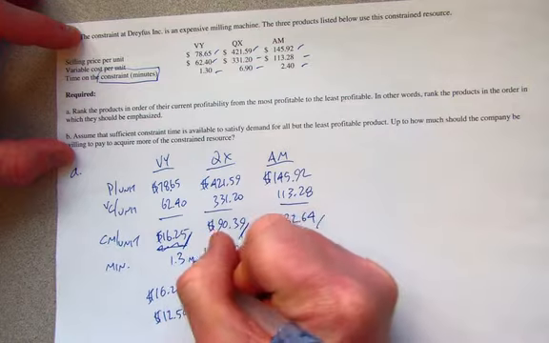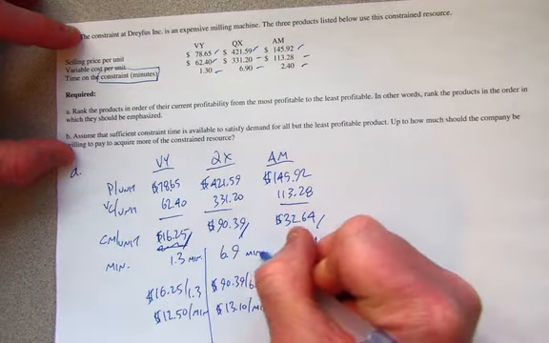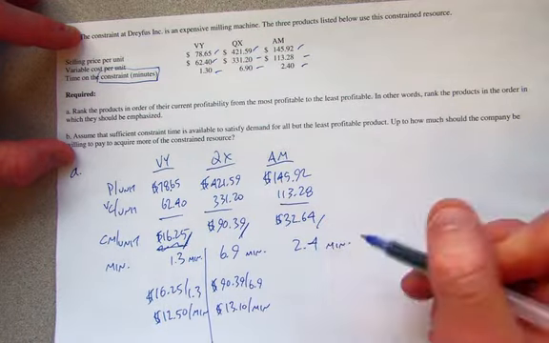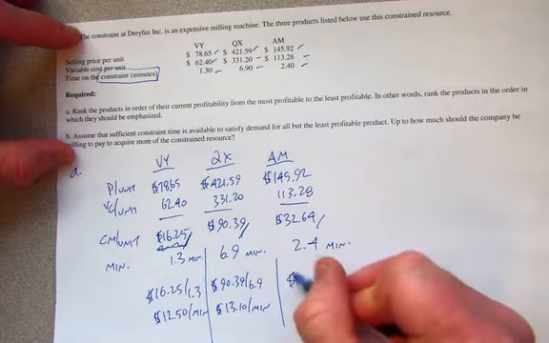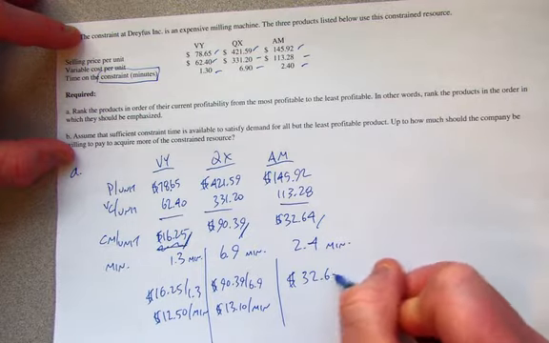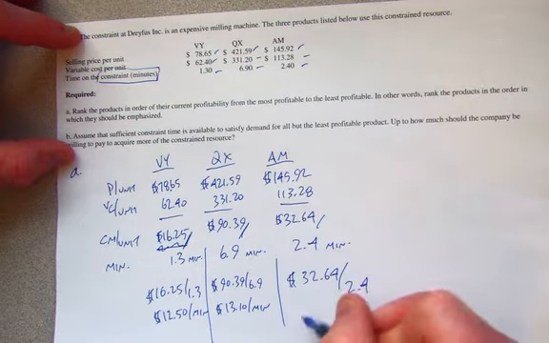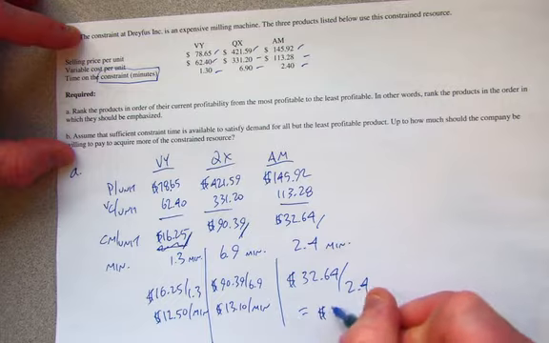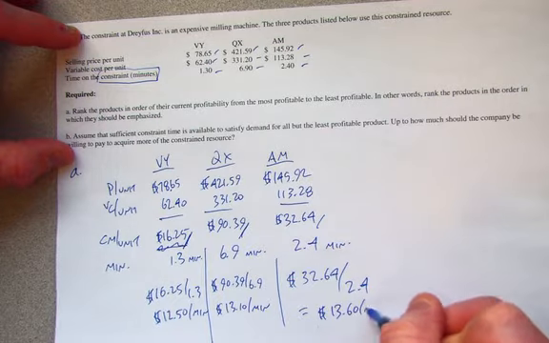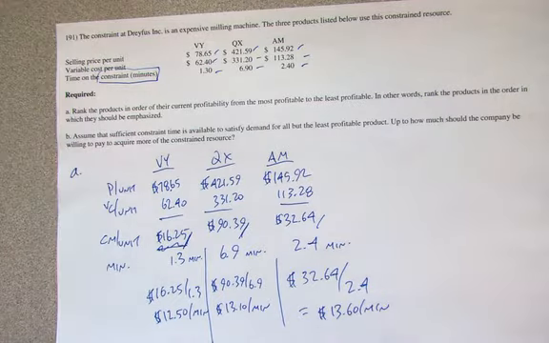And in fact, why don't I put some labels here just so that there's no confusion. And finally, $32.64 divided by 2.4 means that's $13.60 per minute. Now we have a little bit of a different picture, right?